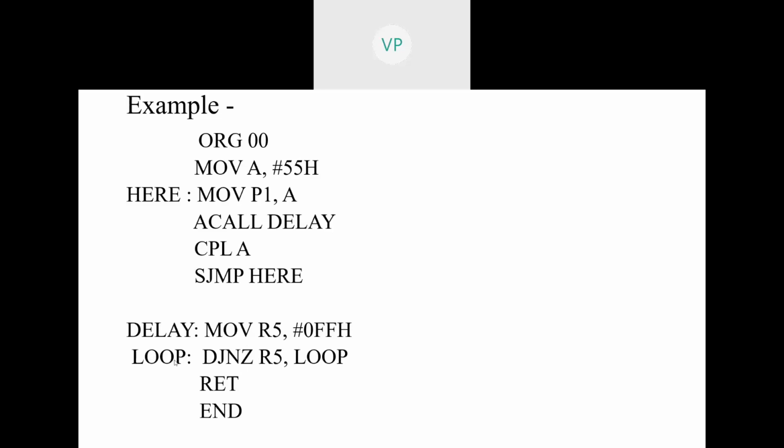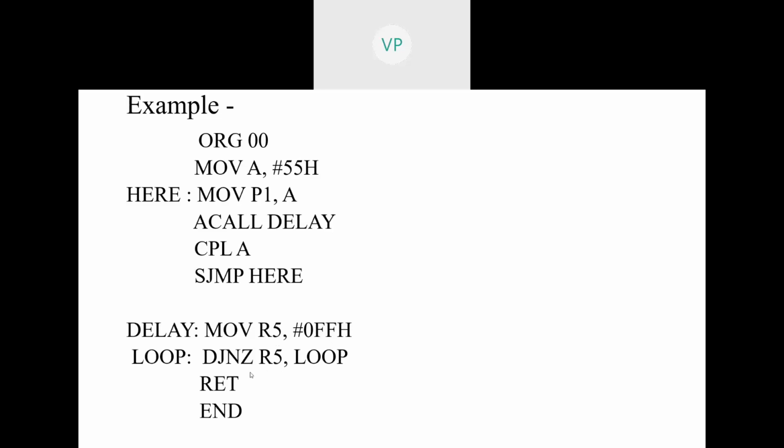Again this same sequence of instructions has to be executed. How many times here? It is FFh, 255 times. It will be executing for 255 times. That is the delay we have now, right? The time which is required in order to make the contents of R5 zero. This instruction will be executed 255 times.